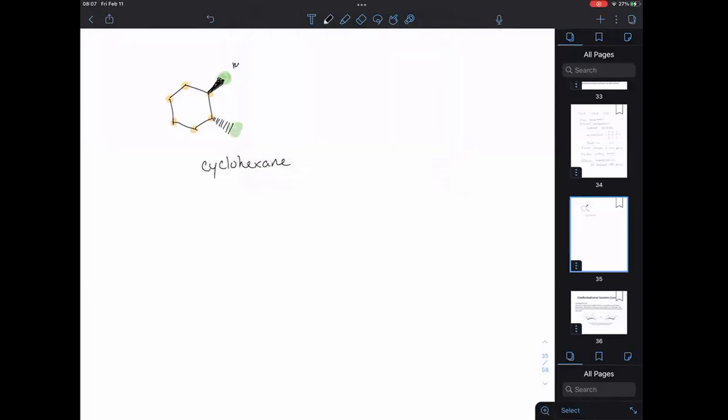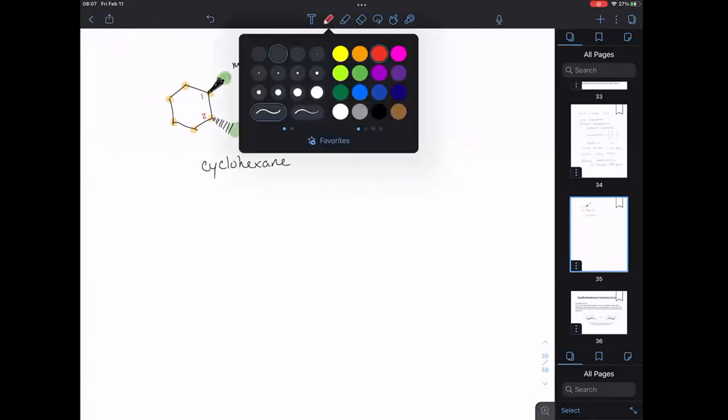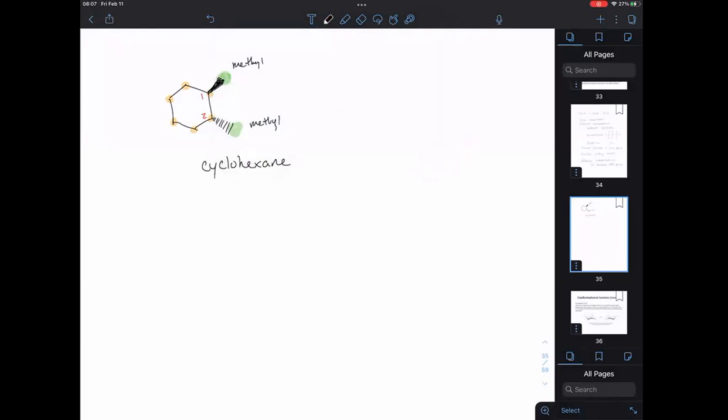They are both methyl groups, and they are located 1, 2 carbons apart. So this would be 1,2-dimethylcyclohexane.